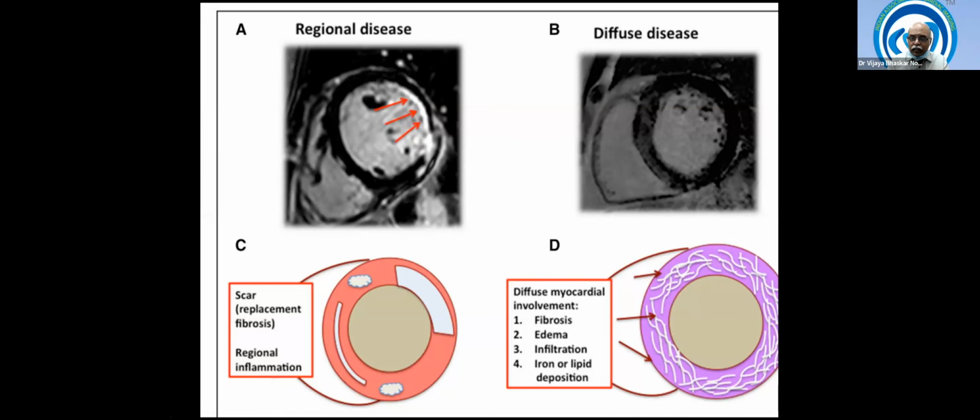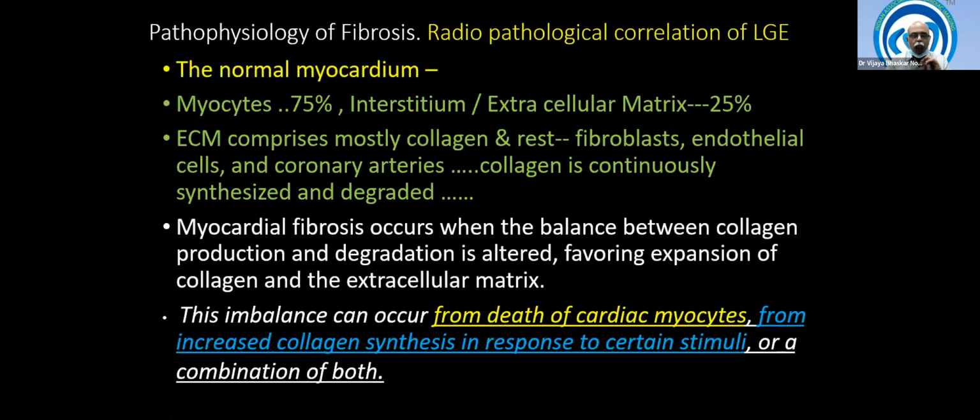When there is no LGE, how am I going to diagnose and quantify diffuse disease? Then comes T1 mapping, the beauty of T1 mapping. Just to go back to the anatomy and pathophysiology, myocardium is made up of 75% myocytes and 25% interstitium.